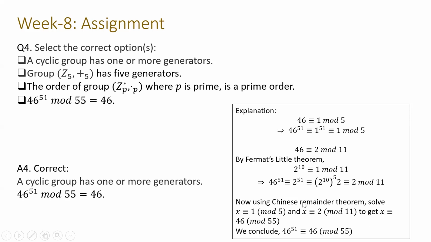You can check the exact algorithm for getting this solution of two congruence relations, basically solving linear congruences with the Chinese remainder theorem, and then we will see that this gives us x congruent to 46 modulo 55. So we conclude that 46 to the power 51 is actually 46 modulo 55.